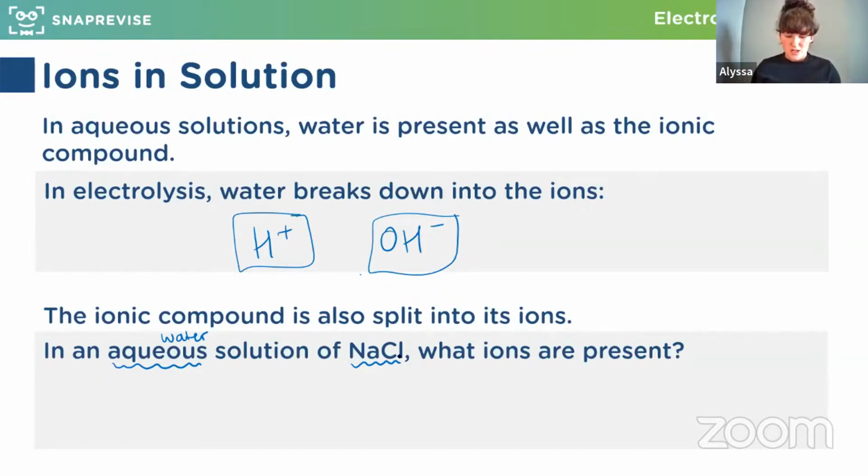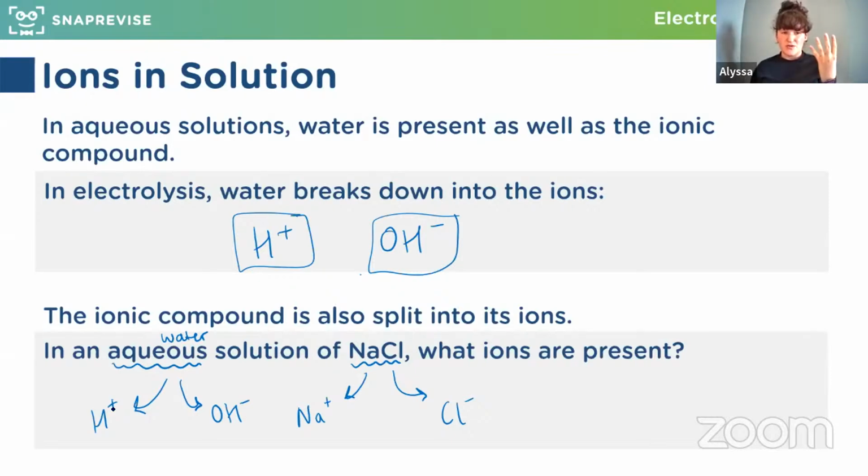Good, well done, guys. So we will have our sodium ions, Na+, and our Cl-, but because we've also got water present, fantastic, we've got H+ and our OH- as well. So because this is ions dissolved in water, we've got 4 different ions present in this case.